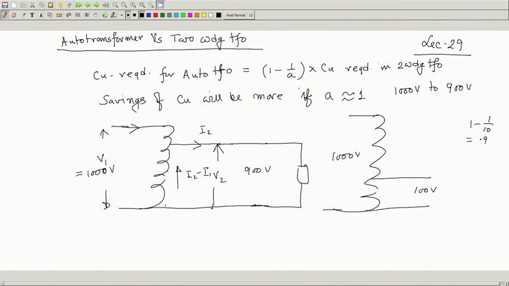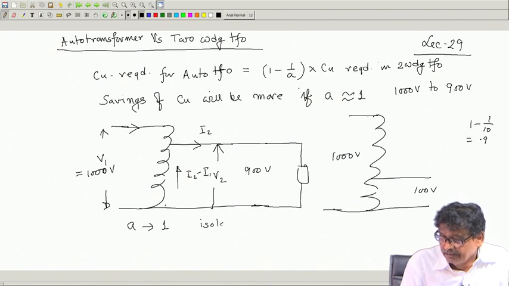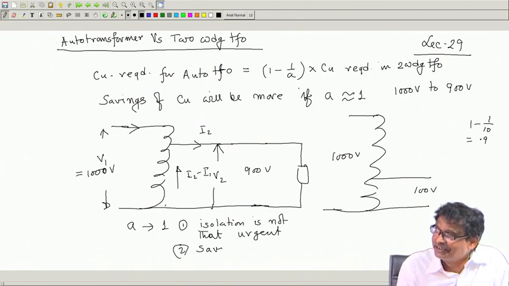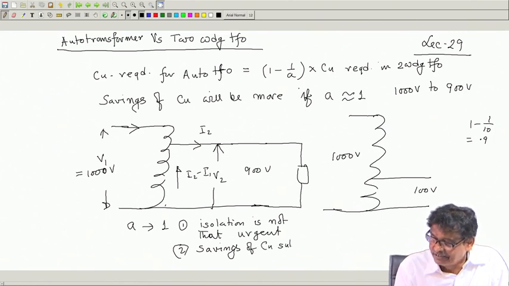So, the isolation problem when a tends to 1, isolation is not that urgent. This is one, and the second thing is savings of copper is substantial.